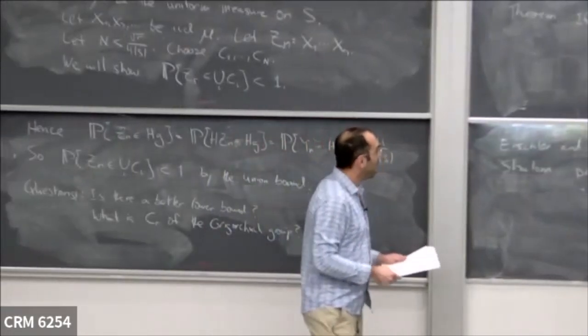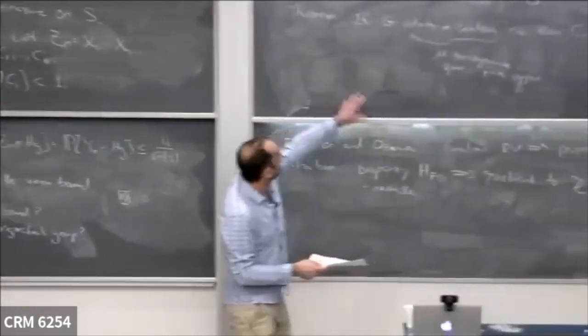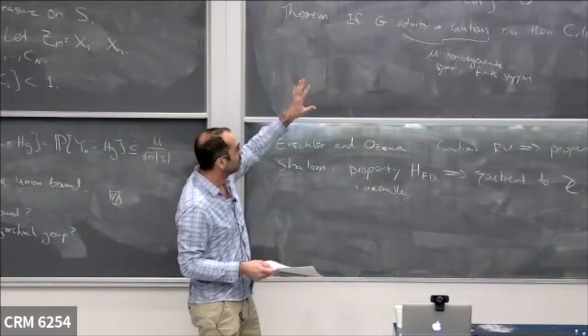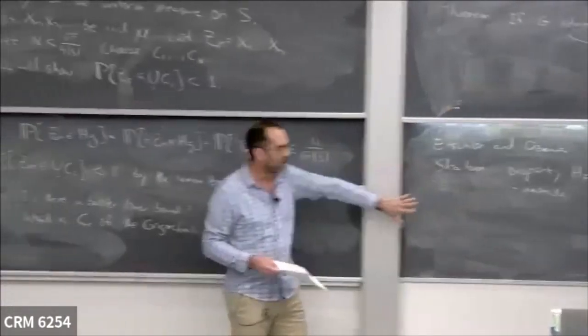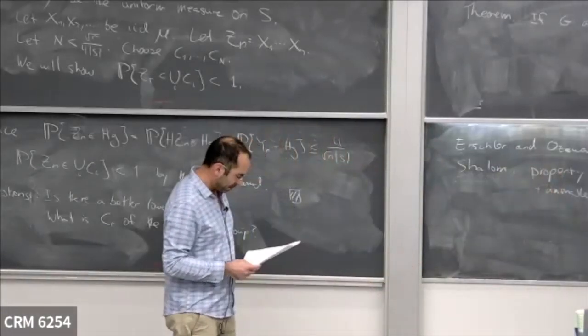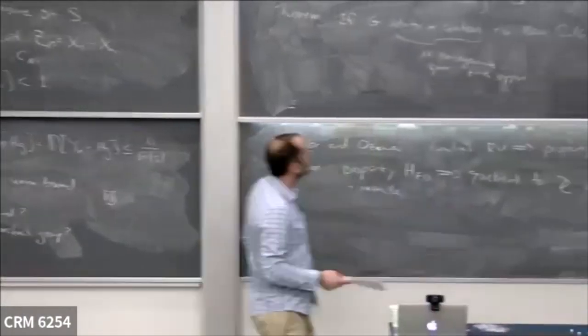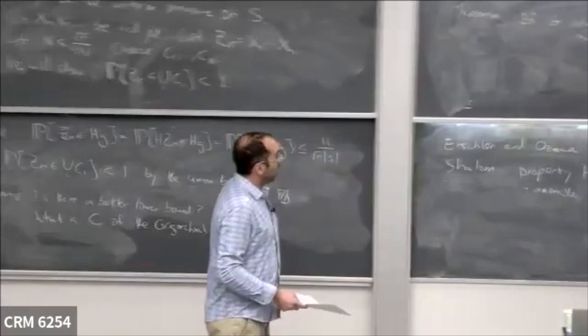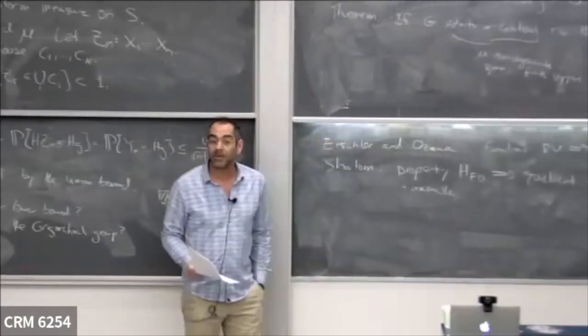I guess I should explain that any group that has this cautious random walk is going to be amenable. So we're in the amenable case. Good, so this gives us one side. The other side, we're going to do more or less the same proof that we did before.